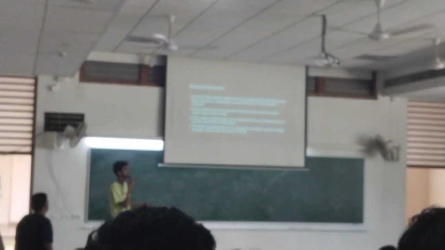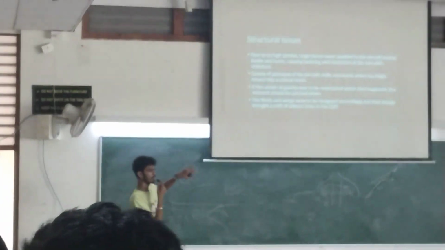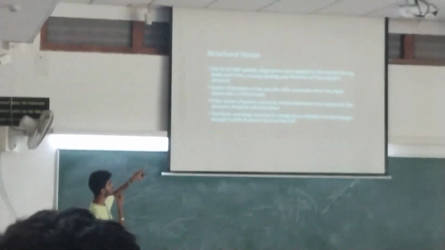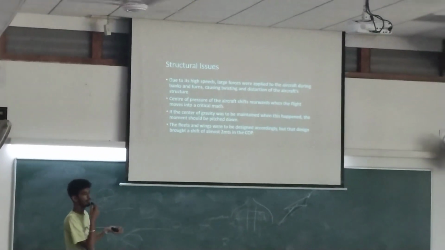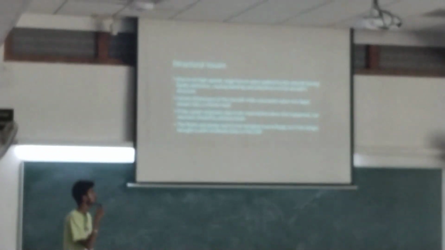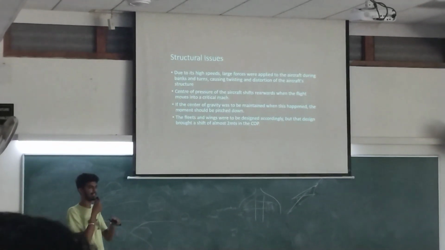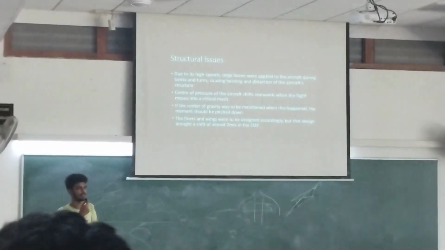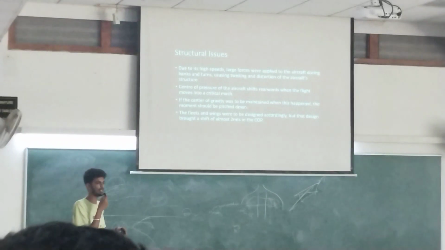So moving on to the structural issues of the aircraft, we have this Concorde traveling in high speed, due to which large forces are applied during the banks and turns. So it obviously causes twists to the aircraft structure. Center of pressure of this aircraft shifts rearwards when this happens, and the center of gravity has to be maintained at a stable position.